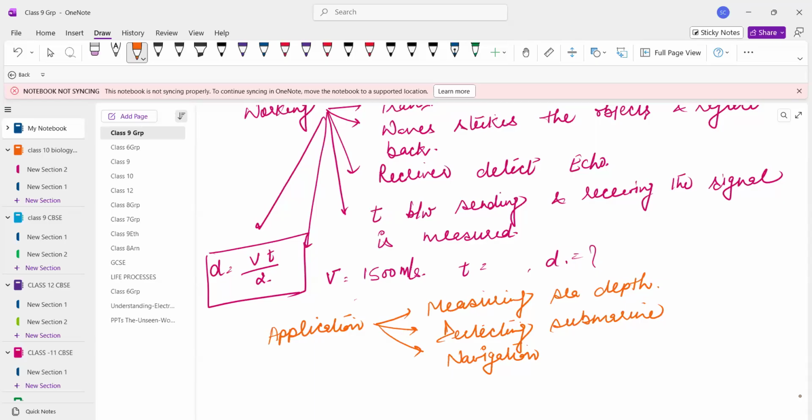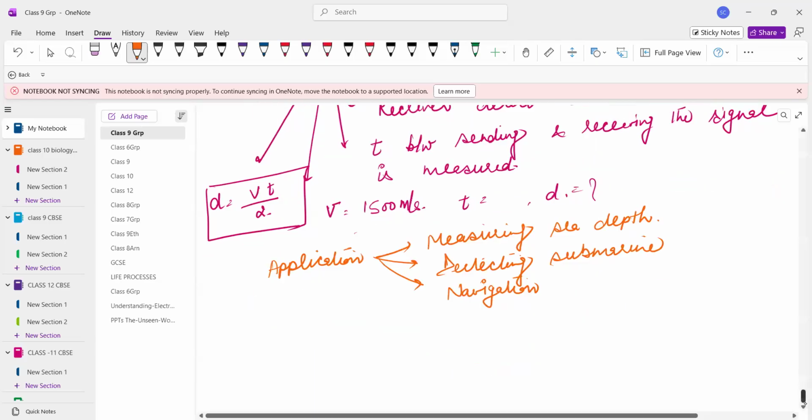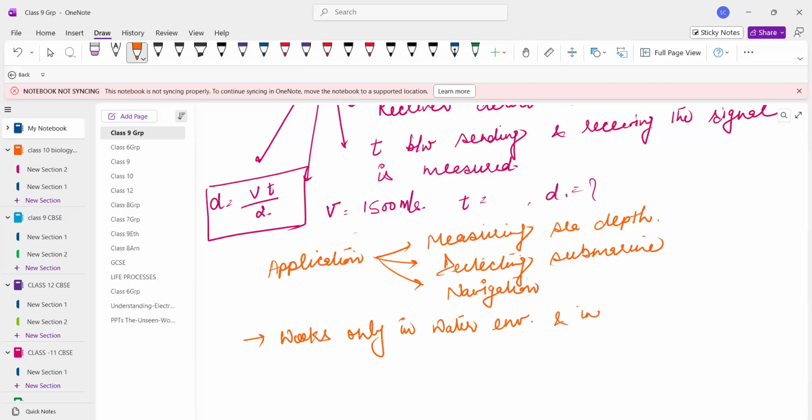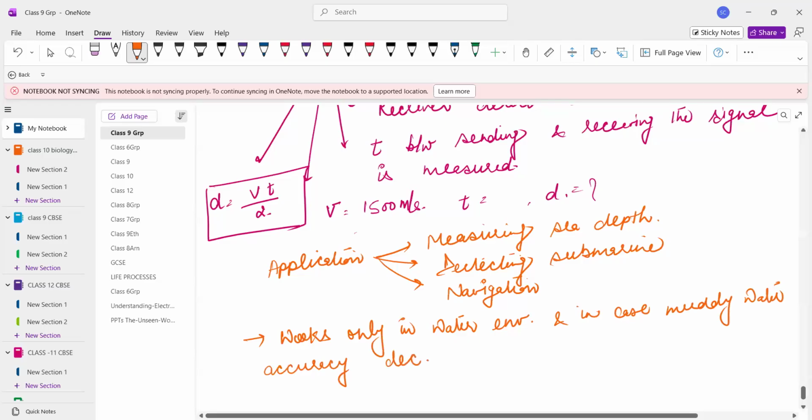Also, if the water is not clear, if the water is muddy, the efficiency or accuracy of the sonar will decrease.